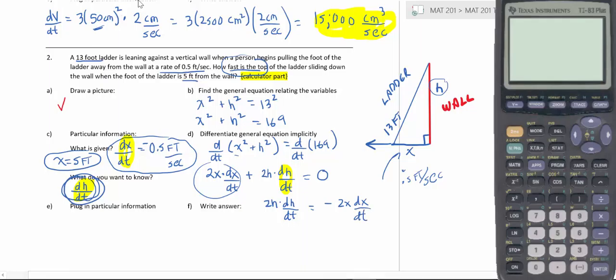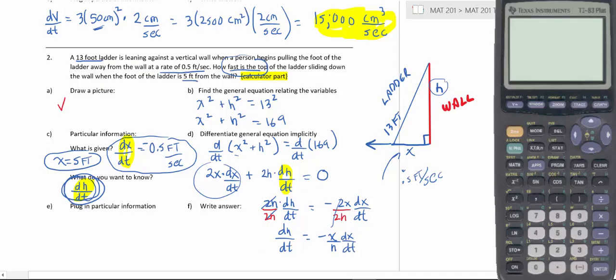Then I need to divide both sides by 2h. So what I have then is dh over dt, which is what I'm trying to find. I'm trying to find the rate at which the ladder is changing as you pull out the base. The 2's cross out. That's going to leave negative x over h times dx dt.